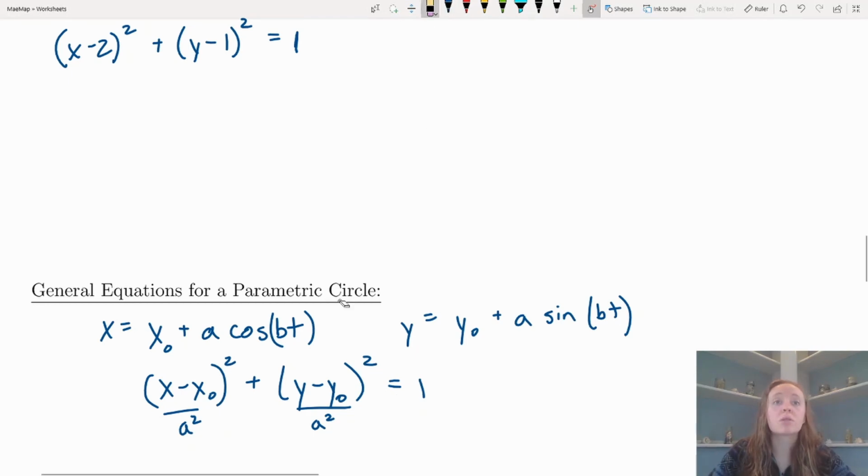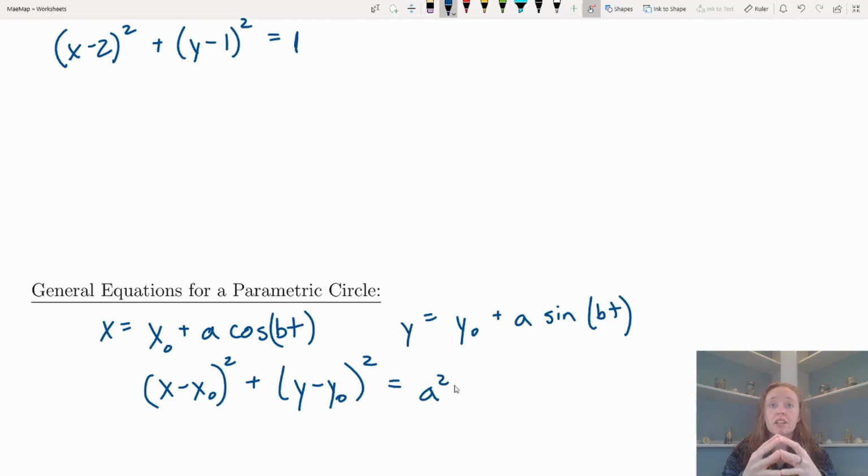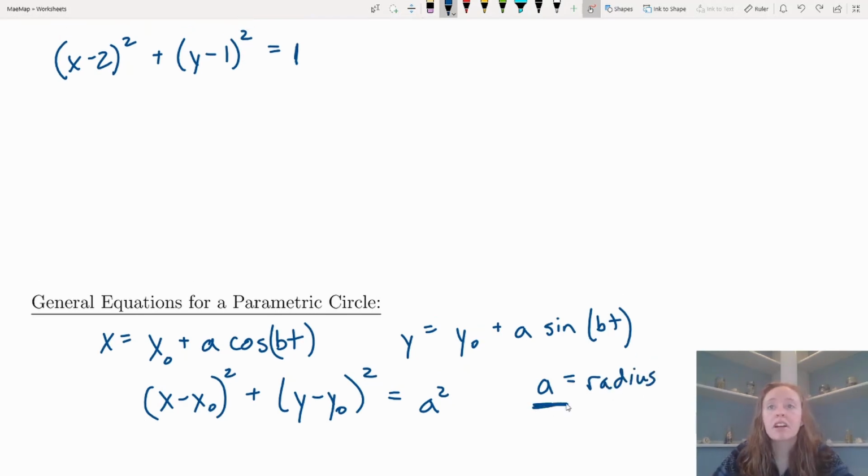However, I have an a squared in both my terms, so I'm going to get rid of them by multiplying by a squared: x minus x naught squared plus y minus y naught squared equals a squared, where that a is my radius, and just remember that your radius is always going to be positive. So I'll write this as the absolute value of a in case we have some negatives up here.